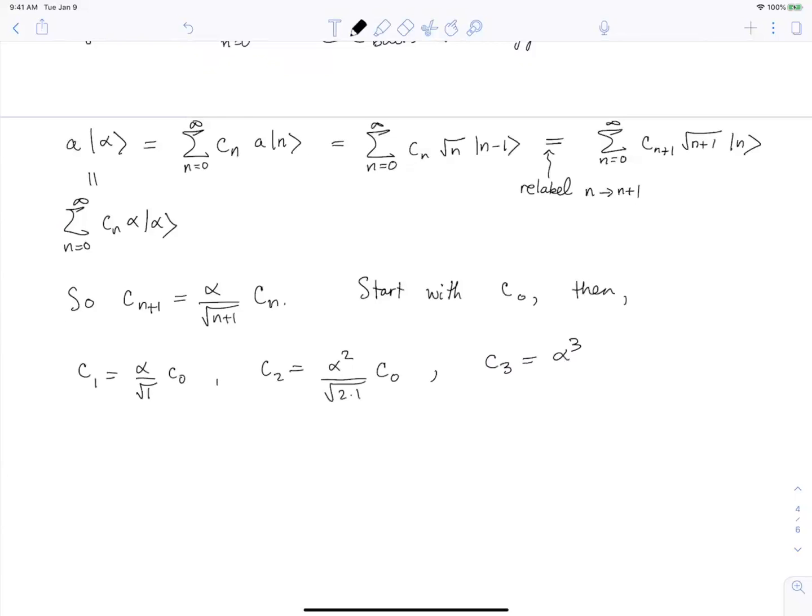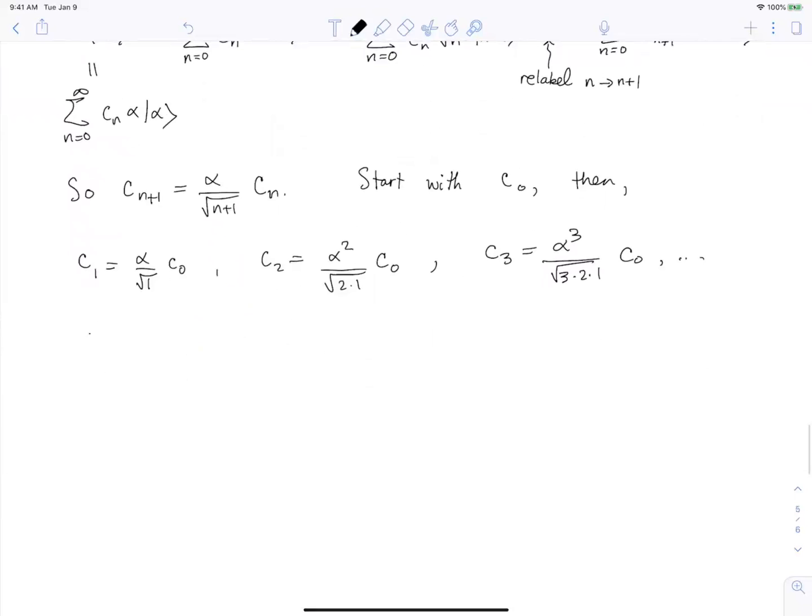We multiply by an alpha every time, and we multiply by 1 over the square root of the next integer. So this is alpha cubed over square root of 3 times 2 times 1. Or once you recognize the pattern, you see that the general coefficient C_n is equal to the number alpha to the nth power over square root of n factorial times C0.